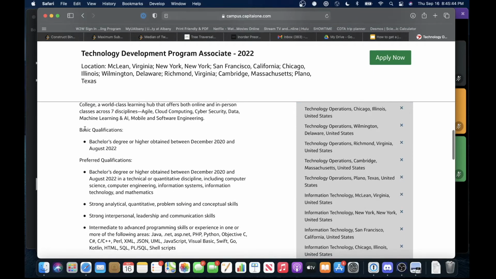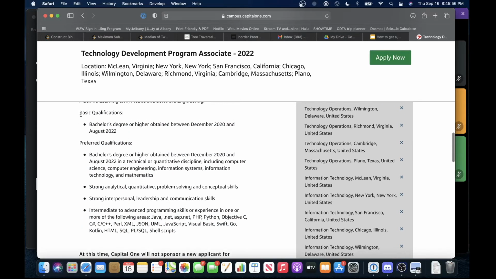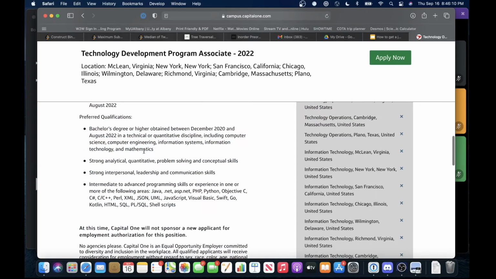All right, so we see basic qualifications and we see preferred qualifications. For basic qualifications, we have bachelor's degree or higher, obtained between December 2020 and August 2022. So that is literally every computer science student that goes to UAlbany. And then if we look at preferred qualifications, you're getting this bachelor's degree in a technical field, which we all are.